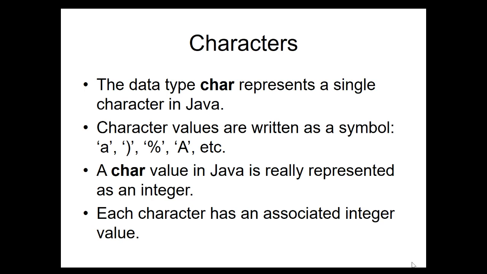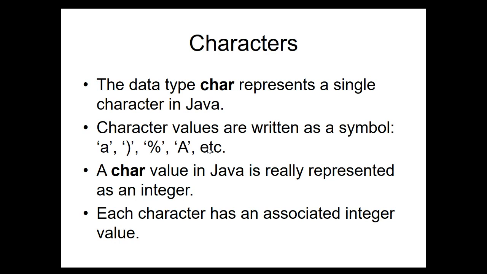So characters can be anything like an A, like a closing bracket, like a percent sign. Uppercase A is different from lowercase a, of course. And you can see these are all in single quotes, which means that the single quotes are distinguishing a char from a string, which is in double quotes, because you could possibly have a string of length 1, which would be just one letter in double quotes.